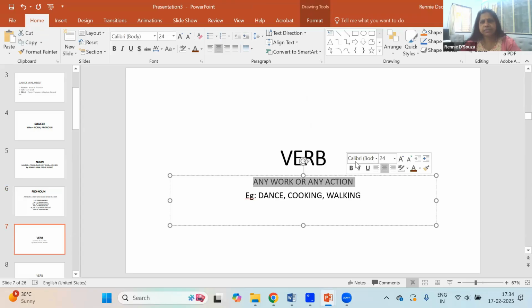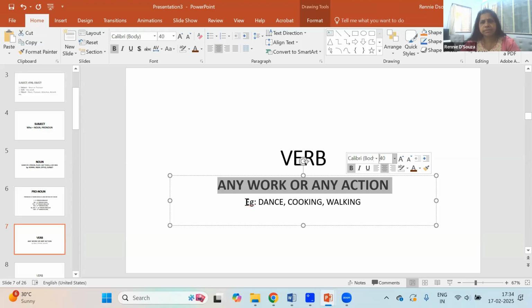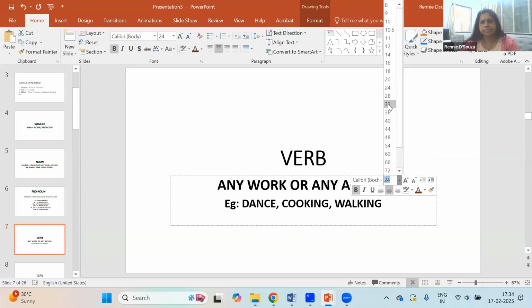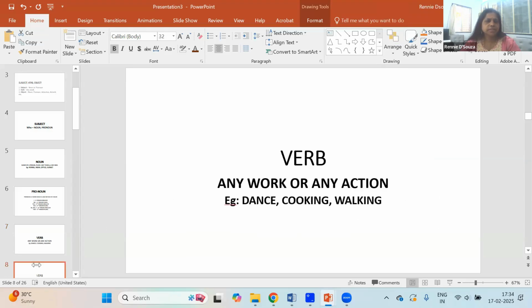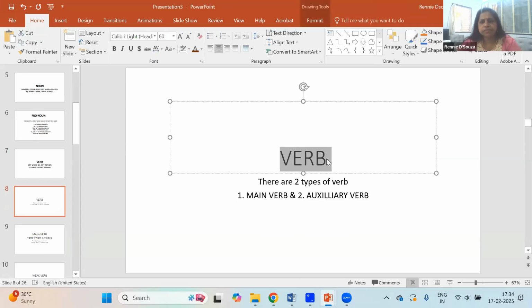Coming to verb, verb is nothing but any work or any action. So we have seen with example, that is maybe dance, cooking, walking, or any work or anything what we can see, that is verb.